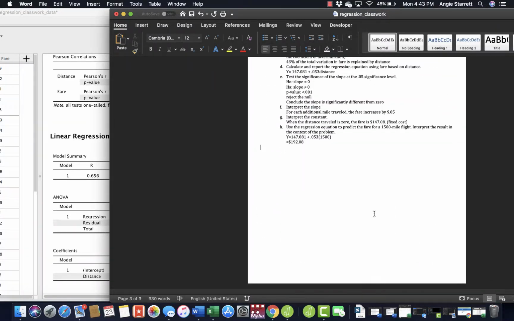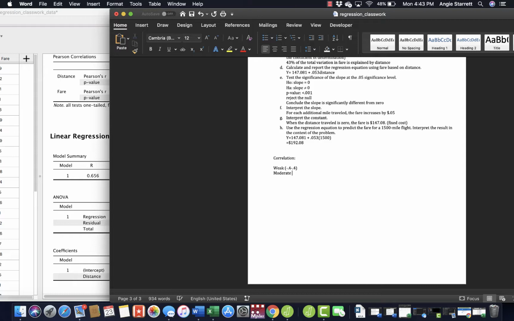One quick thing I want to go over, just to explicitly state with correlation what is weak, moderate, or strong. Weak would be between negative 0.4 and 0.4, so somewhere within 0.4 of 0.